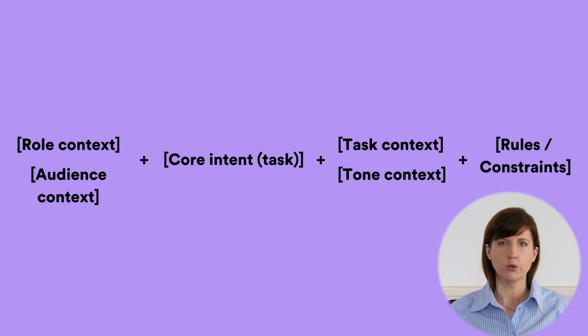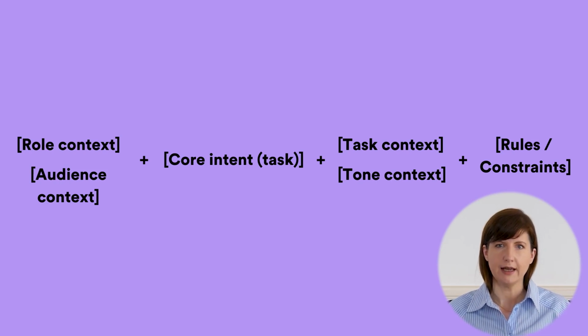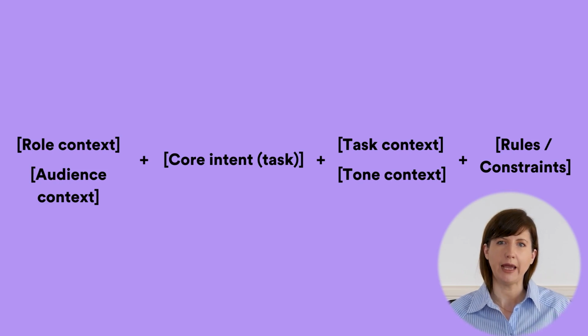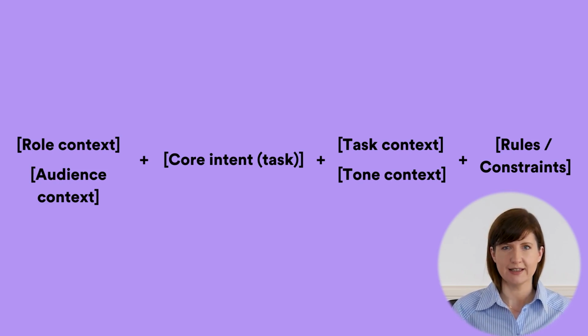So far, we've covered several components that can be included in a prompt: a task or what you would like to achieve, followed by specific details or context and rules necessary to perform the task or answer a question. Next is role context, a specific role that the AI will be playing when performing a task.